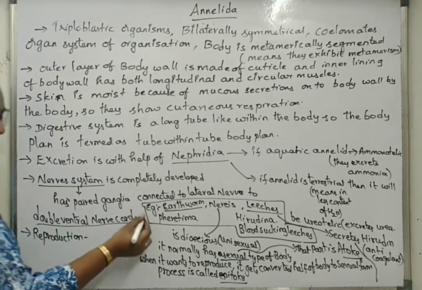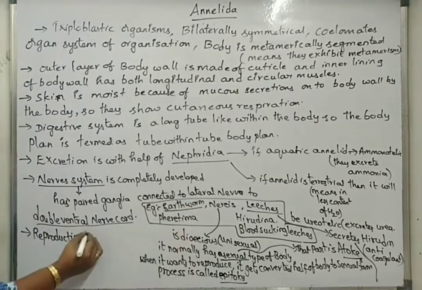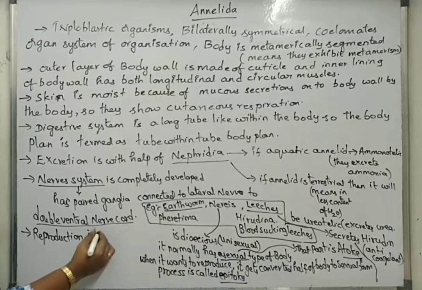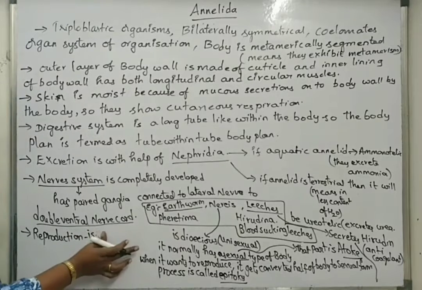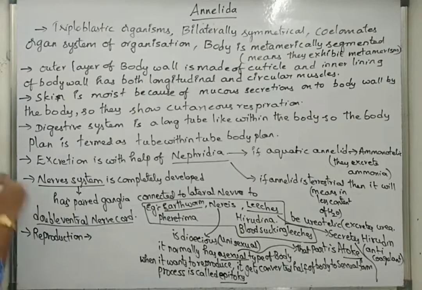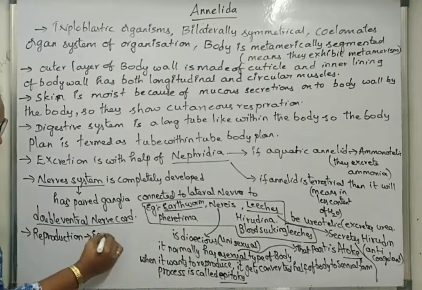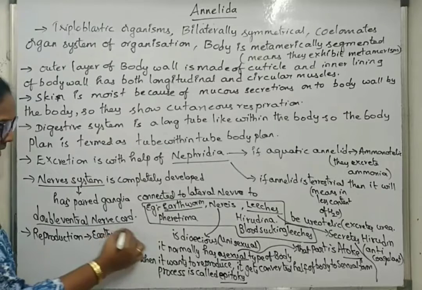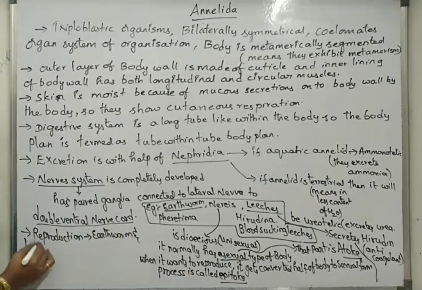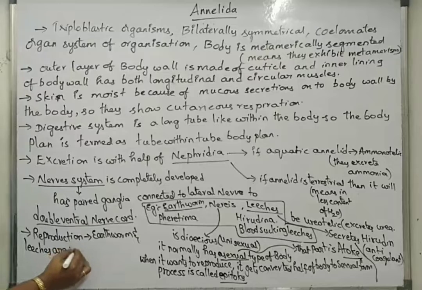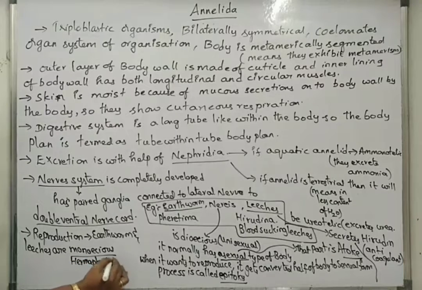Now, earthworm and leeches are monoecious, or we can also say hermaphrodites. Still they do cross fertilization.